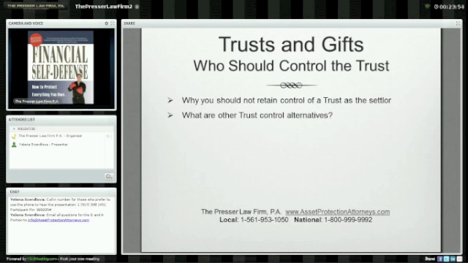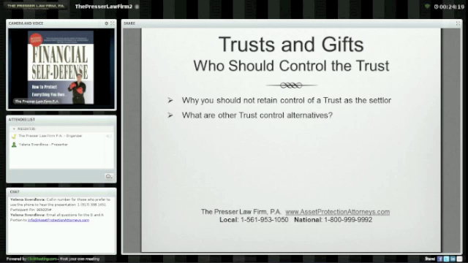Some other types of trust control alternatives that you can put into place, I mentioned earlier, one of them is called a protector. And a protector is really just a party who oversees the trustee. Usually they have what's called negative powers, so they can essentially monitor the trustee to make sure they're doing what you want and that they're abiding by the trust agreement that you had originally put together.